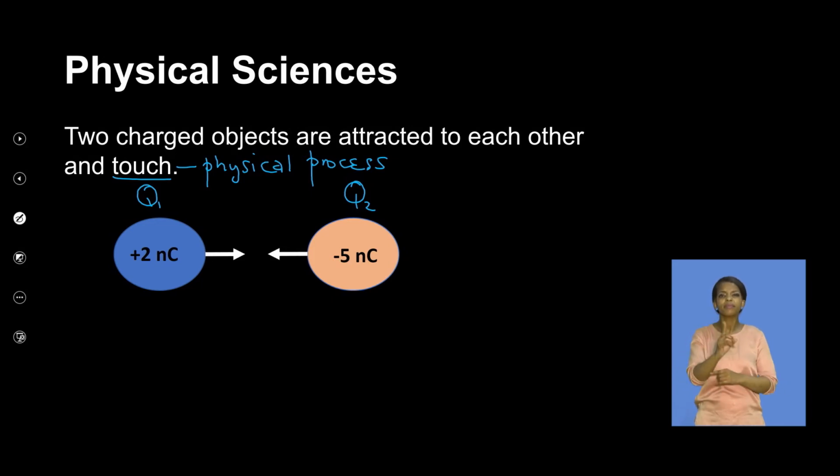And as long as these two materials are conductors, so conductors, remember physical properties, are materials that allow charge to move or to be transferred between those materials. So we refer to them as conductors. So this one is plus 2 nanocoulombs, and this other one is negative 5 nanocoulombs.